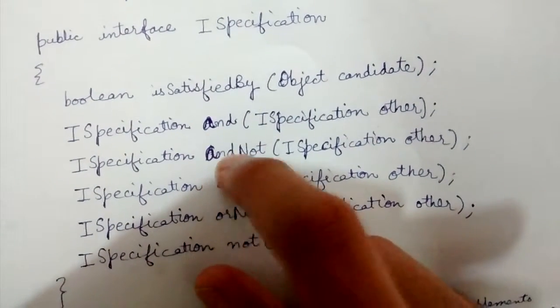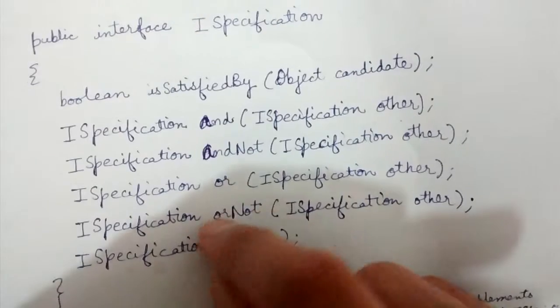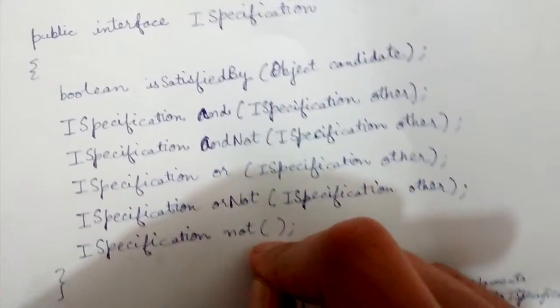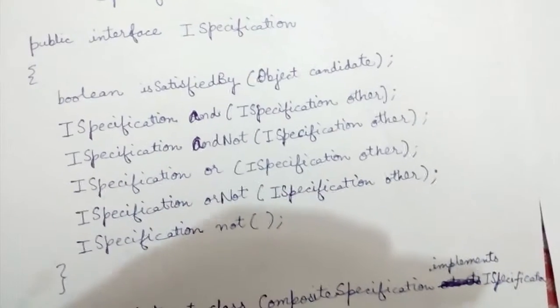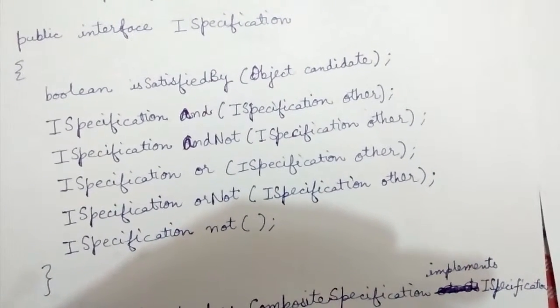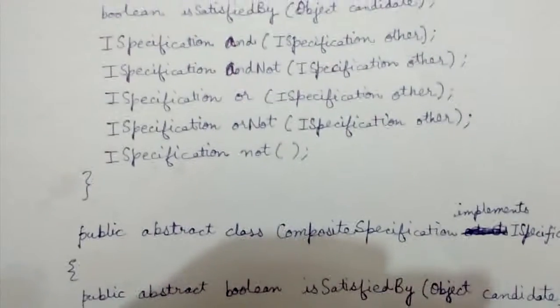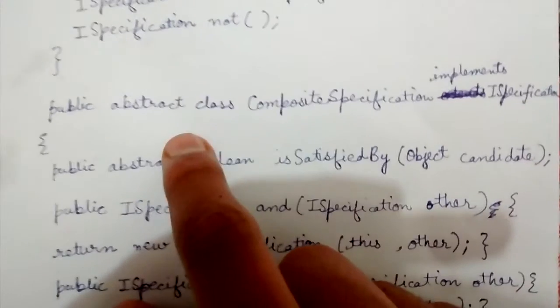So this is the NAND gate, this is the OR gate, NOR gate, this is the NOT gate. The AND gate will chain two business rules in a manner that both of them should be satisfied by the client, let's say. So let's see this thing.